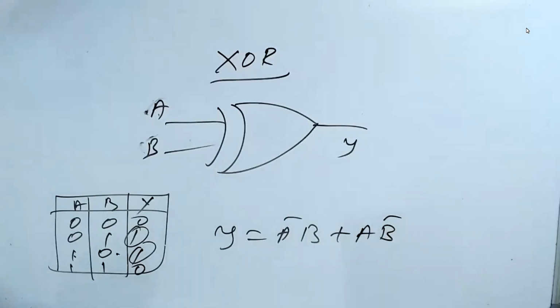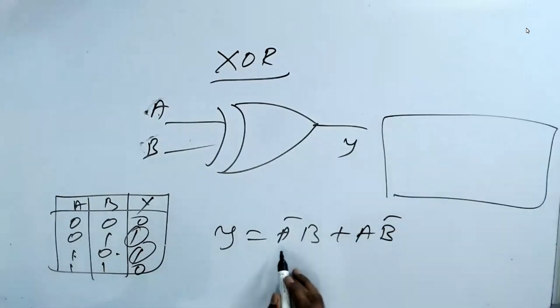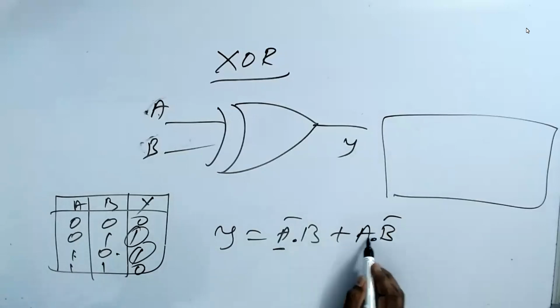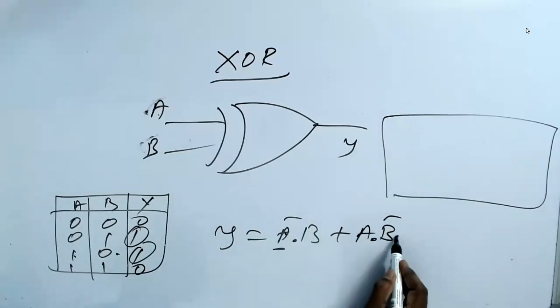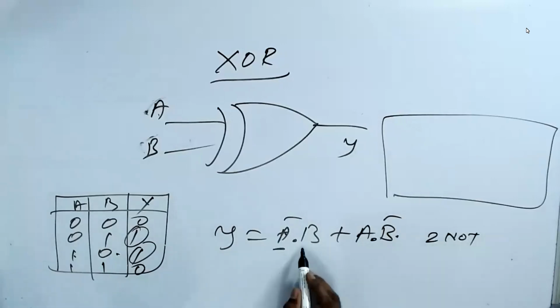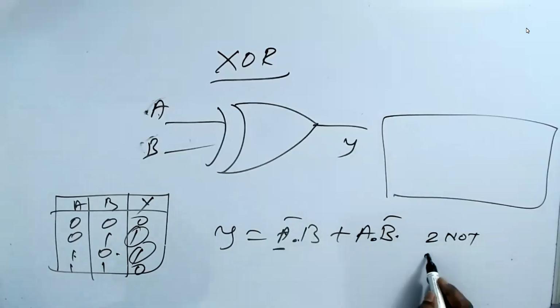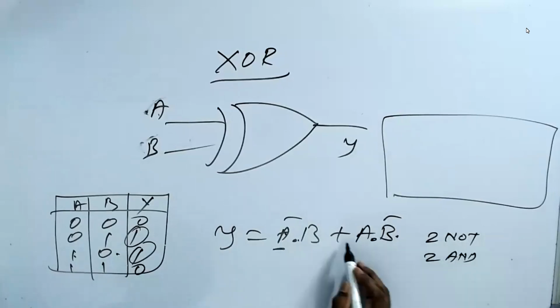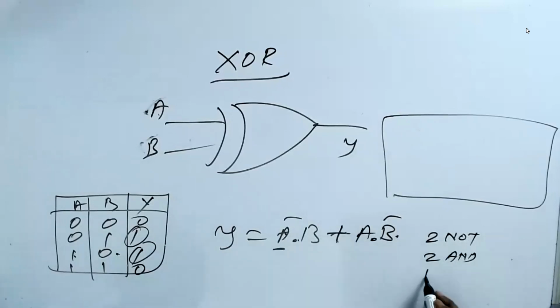Then what will you do? You take the breadboard, and you need A bar and B bar, so you need two NOT gates. Then I need two AND gates and one OR gate.